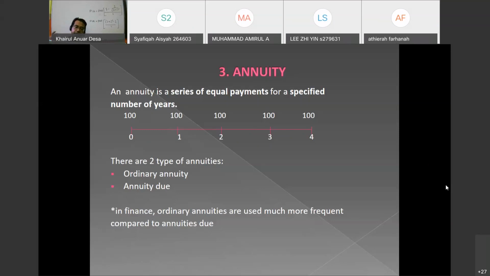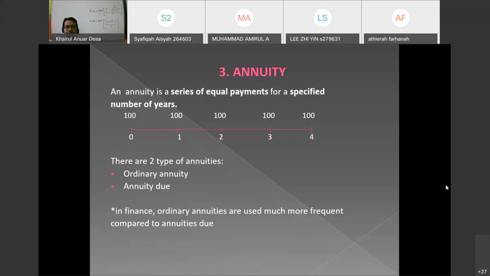We pay, let's say, 500 for a PA premium, personal accident, for a certain period of time that we know already. We certainly know already the term of the agreement. So let's say we pay an insurance premium of 500 ringgit every month for 10 years. That is also an annuity.